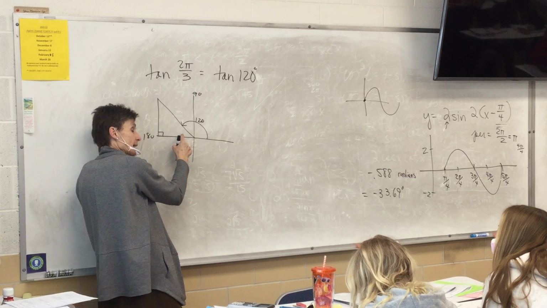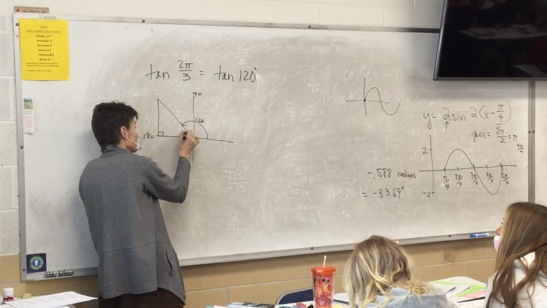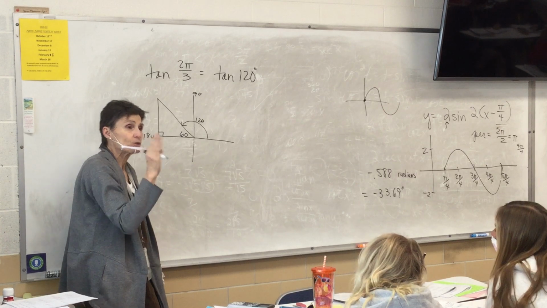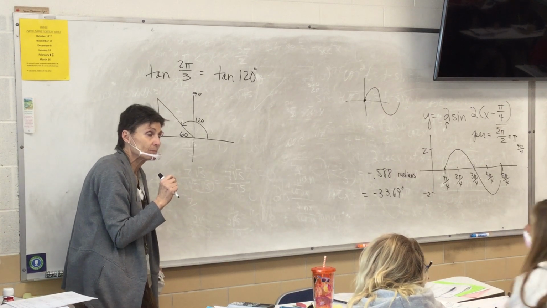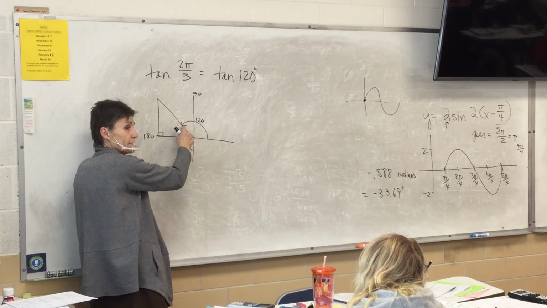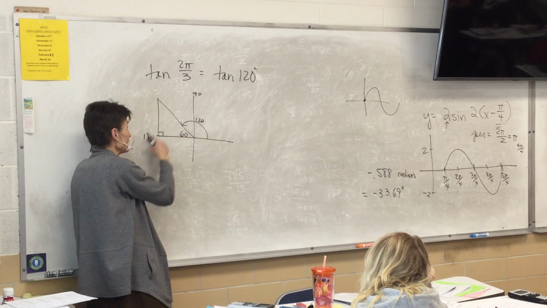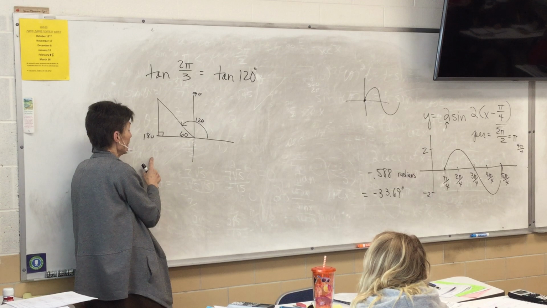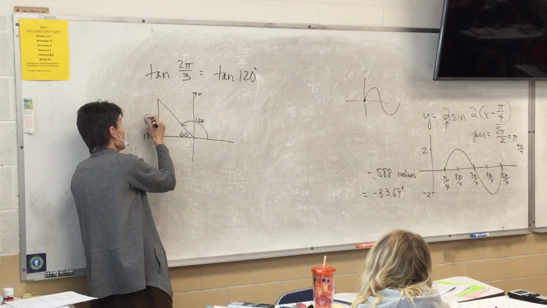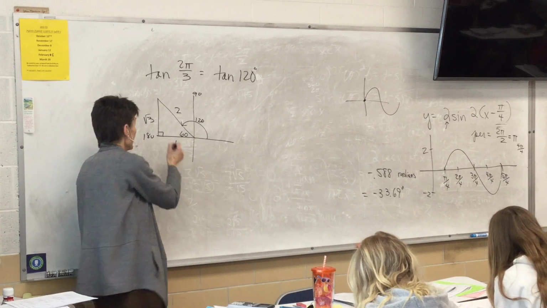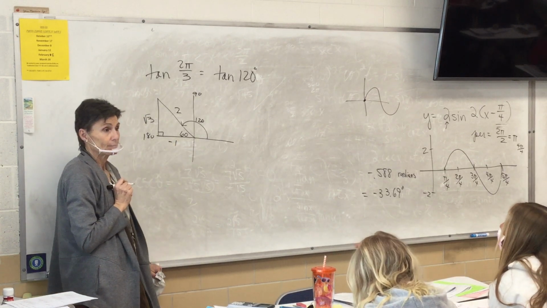How big is that angle? 60. There's nothing to memorize there. You just have to think about it. If this is 120, then it's 60 more to get to 180. 180 minus 120. Well, if that's a 60, then this is a √3, that's a 1, and that's a 2. And that guy's negative.